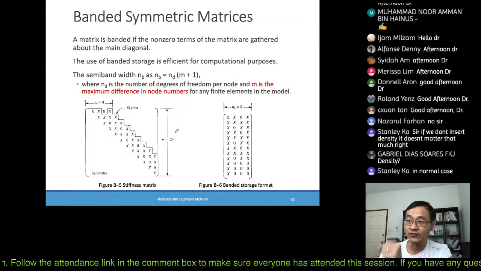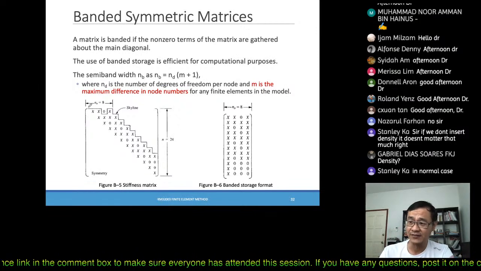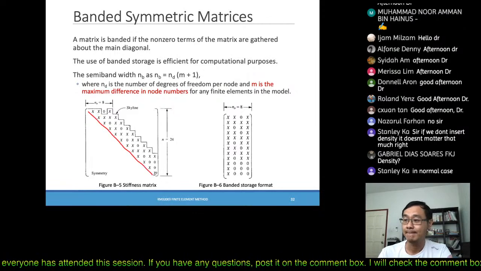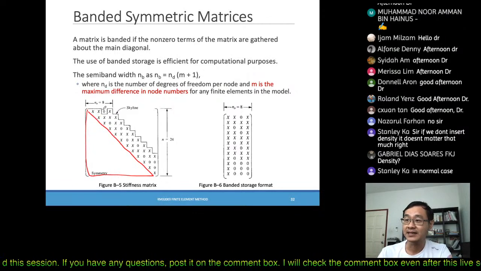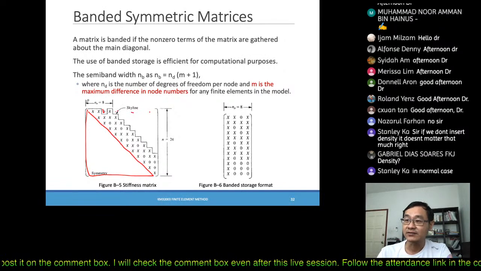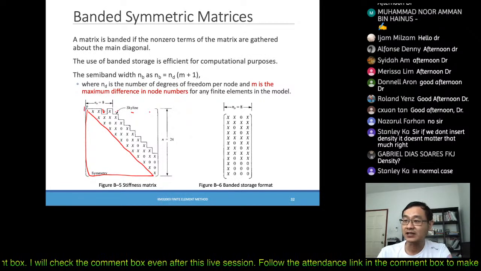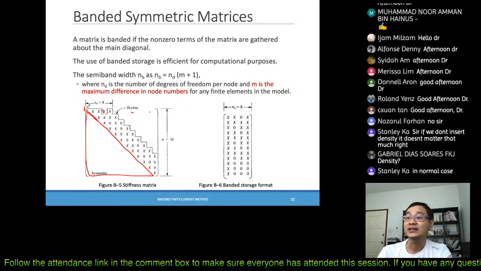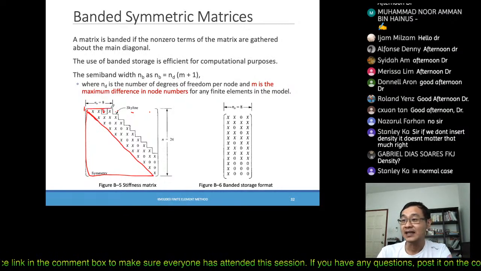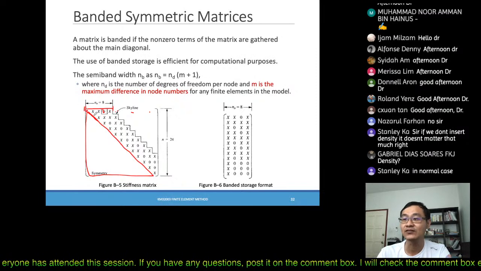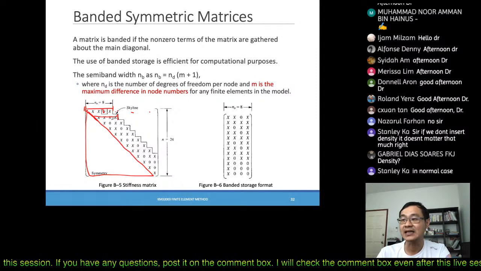In the software itself, when we have this stiffness matrix, there is symmetry, and there are many zeros in between. But then we will notice that from this particular symmetry line, when we calculate, there is a limit or maximum number of elements that they need.